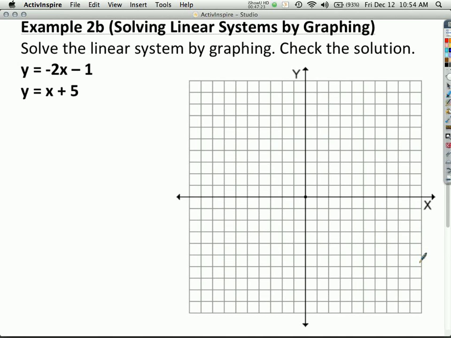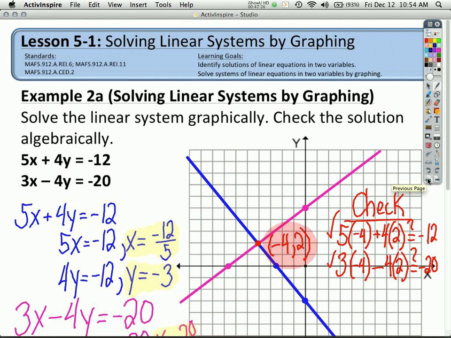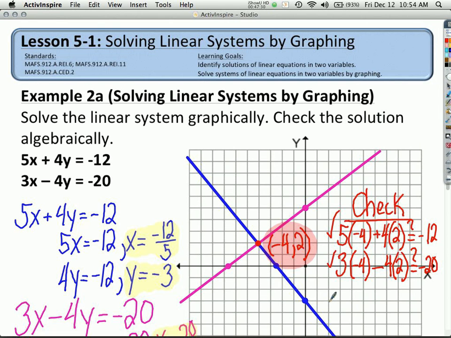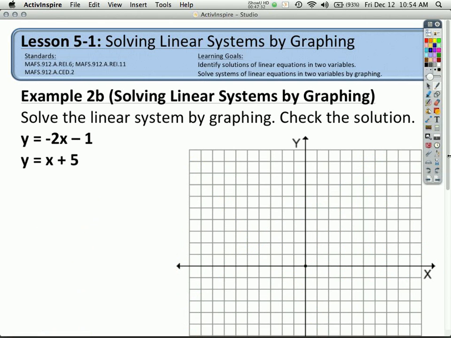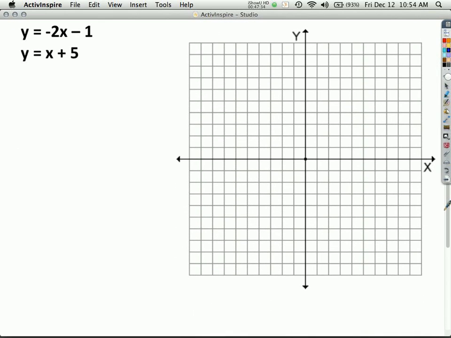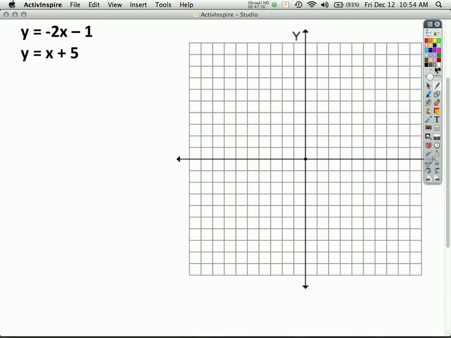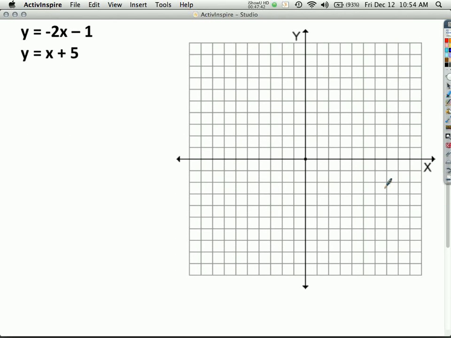See, in this question, to graph it, we had to do all this work just to draw the graph. But when it's in slope-intercept form, the work is already done for you. Let's look at the first equation, y equals negative 2x minus 1. What's my starting point? This is where all the hands frantically wave in the air going, oh, I know.